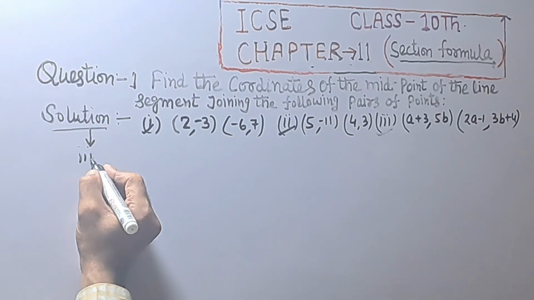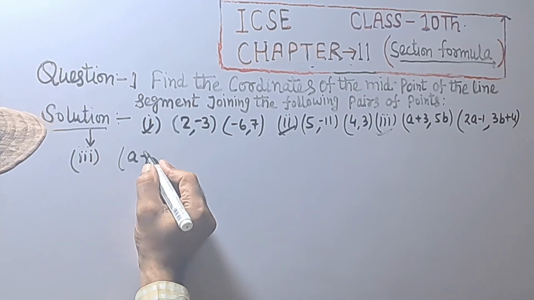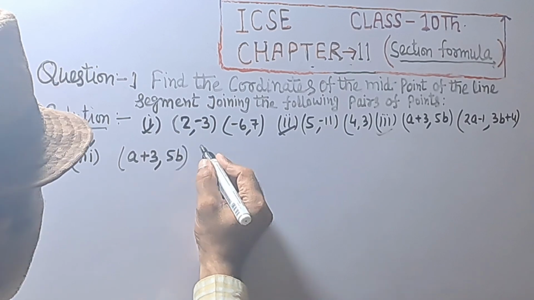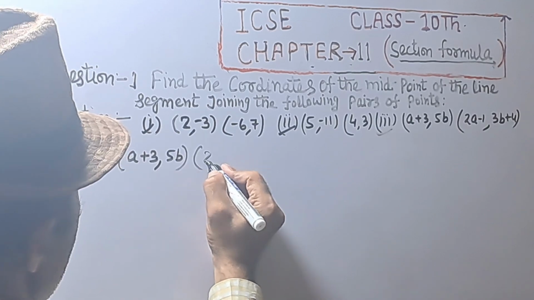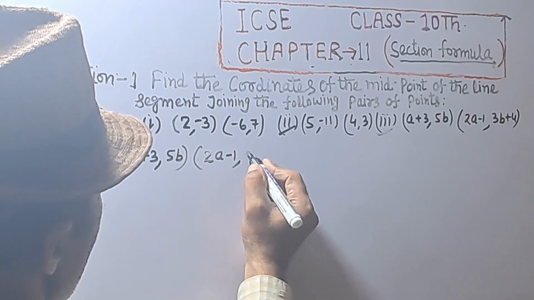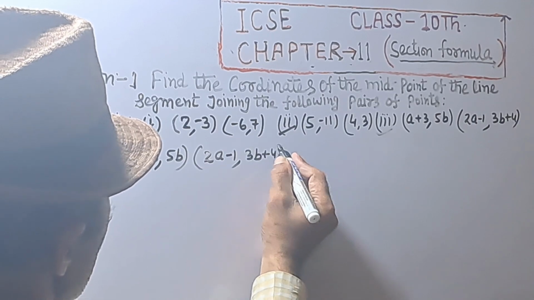Third part, that is a plus 3, comma 5b and 2a minus 1, comma 3b plus 4.